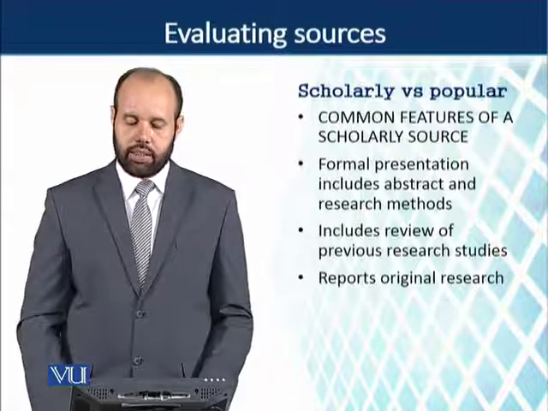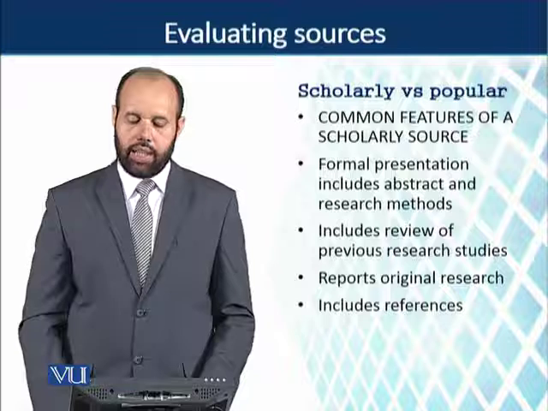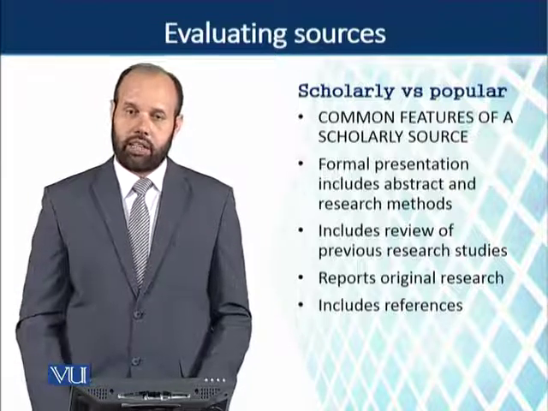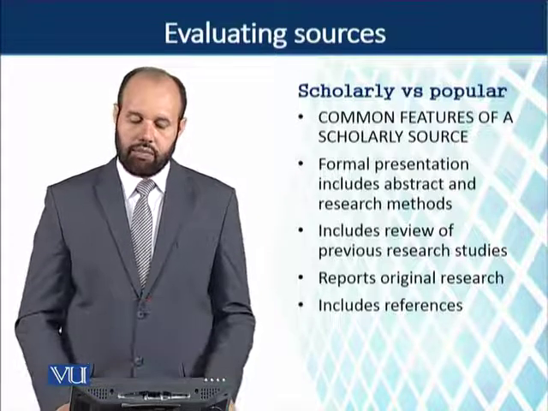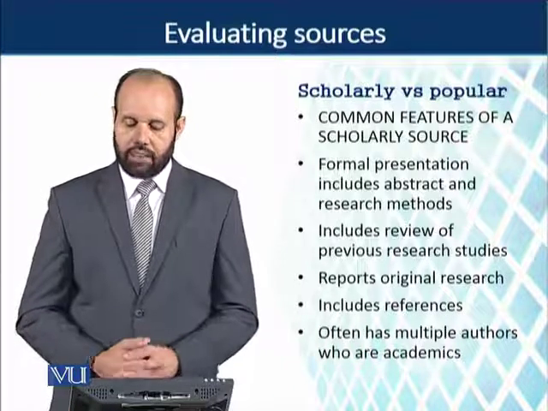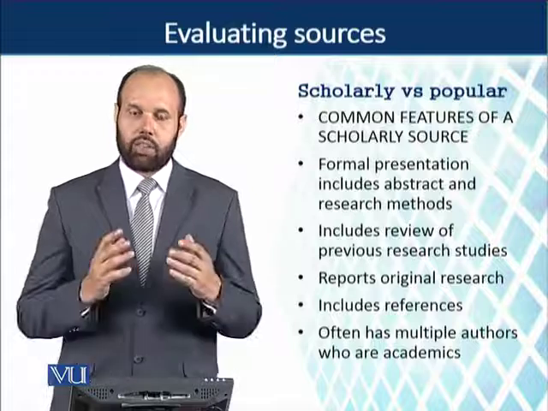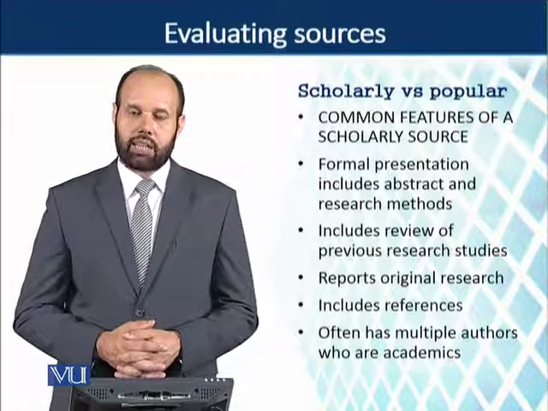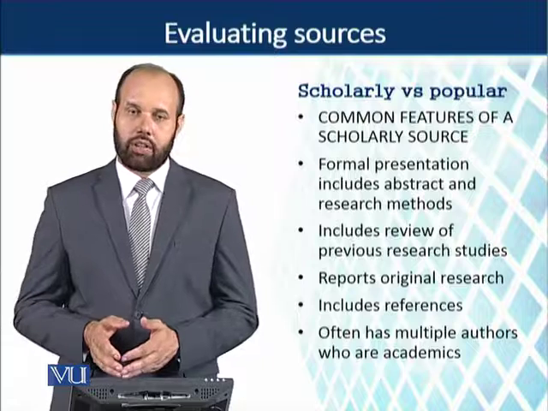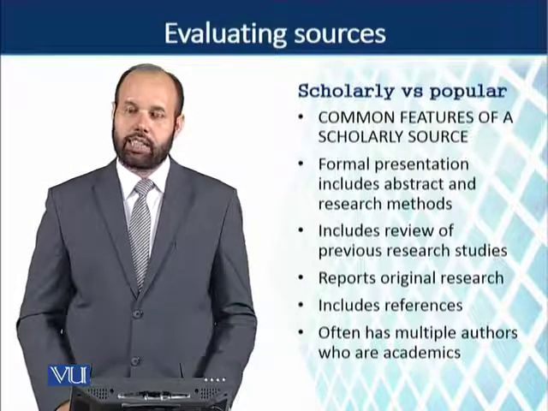That is another token of scholarly research, and then it will definitely include references, right? These are the common features of a scholarly source, and it often has multiple authors who are academics, right? A scholarly work is most of the time written by more than one researcher, okay? So these are the tips which would show you that it's a scholarly source.